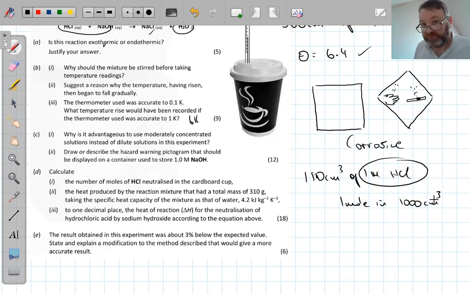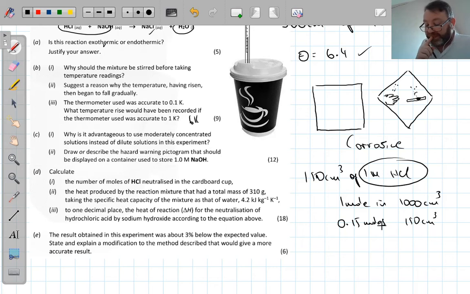But we didn't use a litre, and we never use a litre. Instead, we used 150 centimeters cubed. So we're going to take 150 divided by 1000 to work out the number of moles here, and it's 0.15 moles. That's what you're dealing with. All right, so that's the first part done.